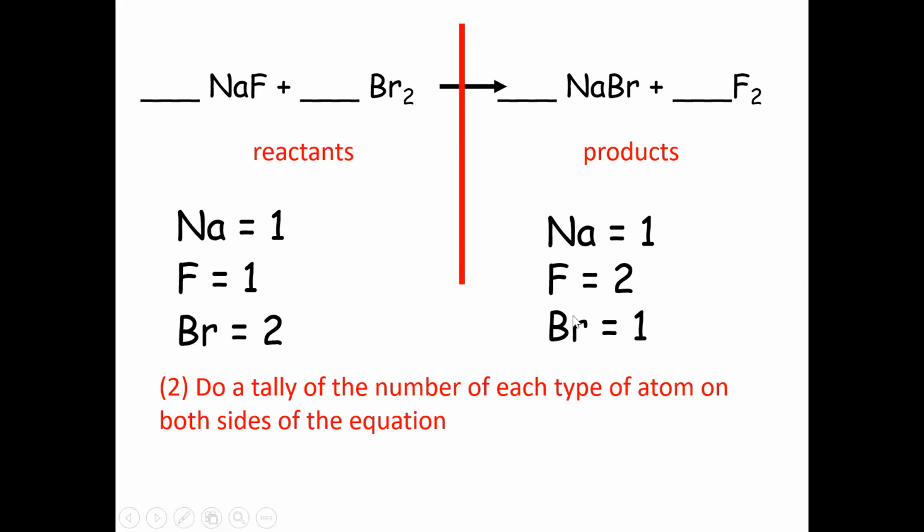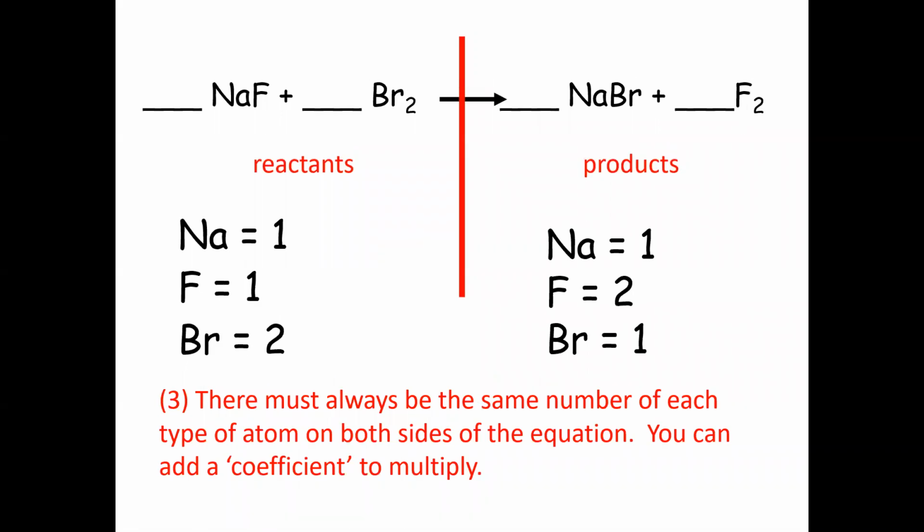Can you see I've kept that consistent on that side, even though it goes sodium, bromine, then fluorine? The reason why I keep my tallies consistent, so sodium, sodium, fluorine, fluorine, bromine, bromine, is that when you're balancing an equation and you're looking at these numbers, you don't get confused. If they're directly next to each other, the same element, then you're less likely to confuse them.